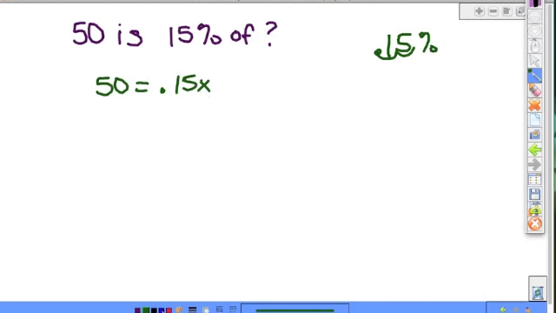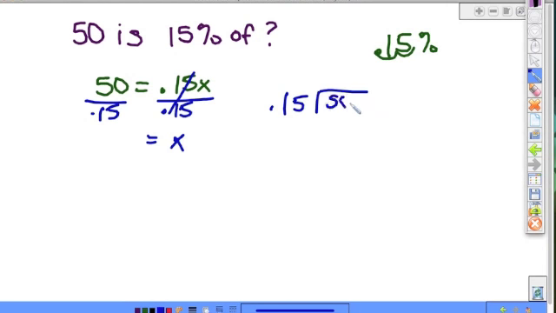We are going to divide this out because we want the variable by itself. I'm going to get rid of the 0.15. Divide this by 0.15. These cancel, my x falls down. Top number goes inside the box, so we have 0.15 going into 50. We need to move our decimal 2 places. Add 2 zeros here. I'm going to rewrite this so it doesn't look so sloppy.